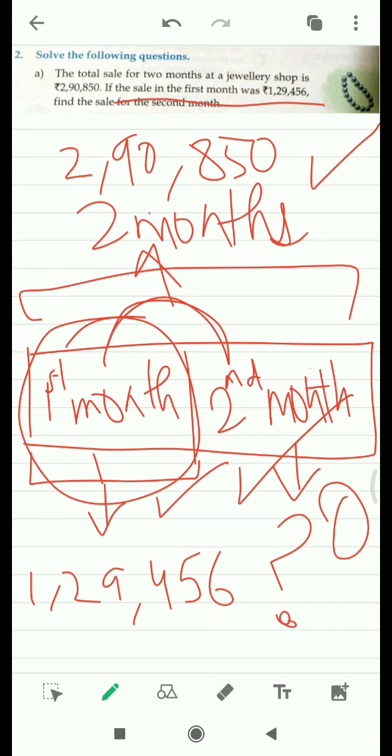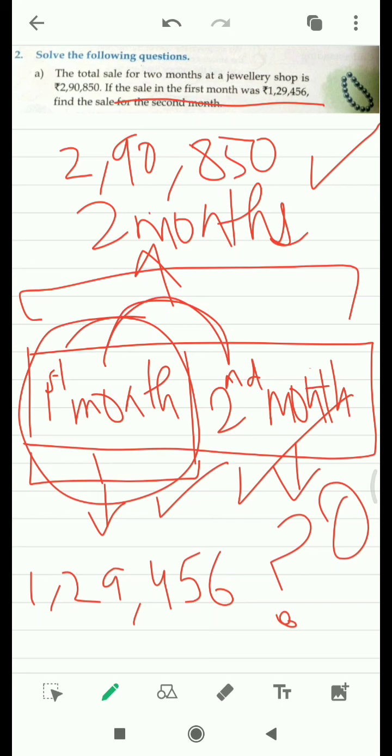So this way you can see, अगर एक ज्वेलरी शॉप की 2 मंथ की, they just noted the sale for the 2 months, and they noted the sale for the first month. When they started selling, they noted the sales for the first month, but they forgot to note it for the second month.